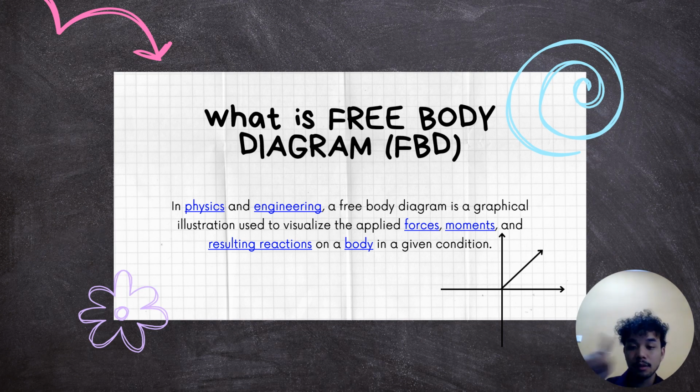There is an x-axis and also a y-axis. If the force is going to the right of the x-axis, it is positive. If it's to the left, it's negative. If it's upward, it is positive, and if it's downward, it's negative.